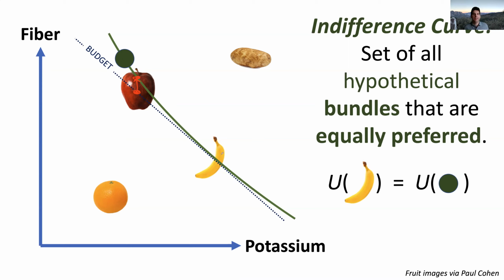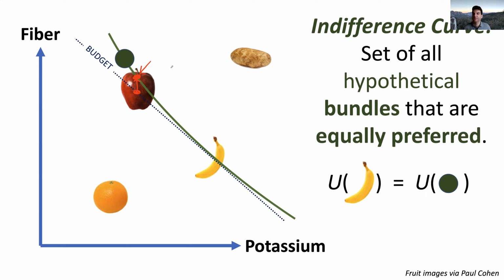So the apple and the banana are not on the same indifference curve, and that's why they always choose the banana. But this hypothetical fiber-enriched apple has so much more fiber that now suddenly this person says, you know what, I'm willing to give up the potassium because I get so much more fiber for that apple. So the hypothetical apple that sits up here is on the indifference curve with the banana.